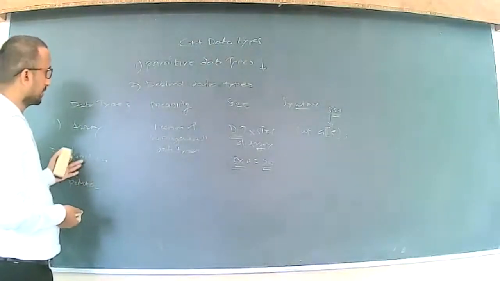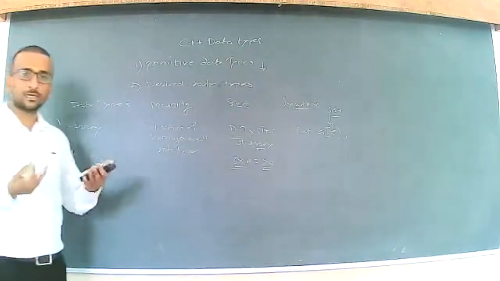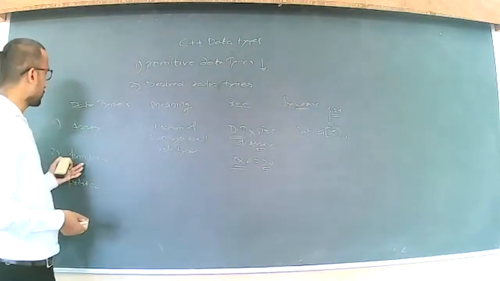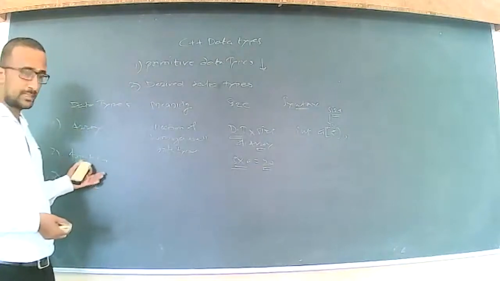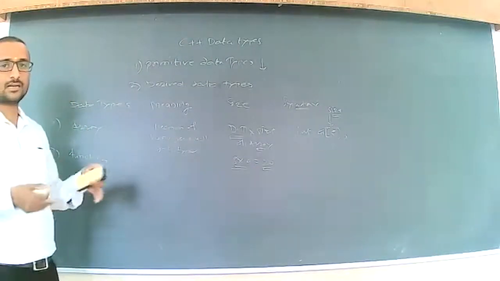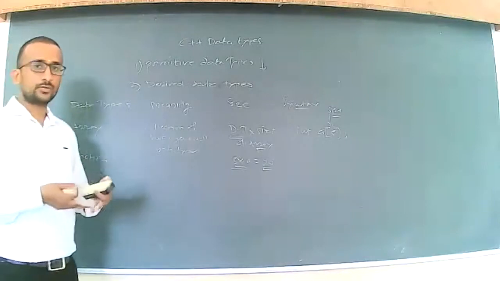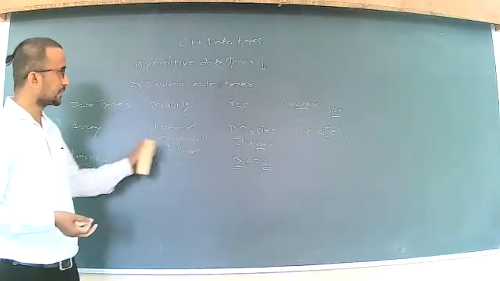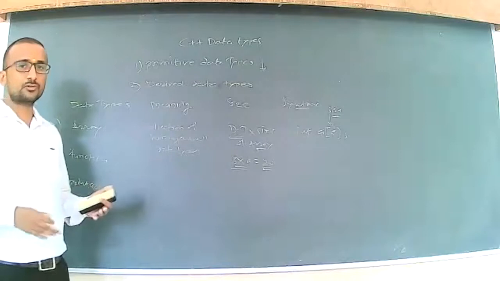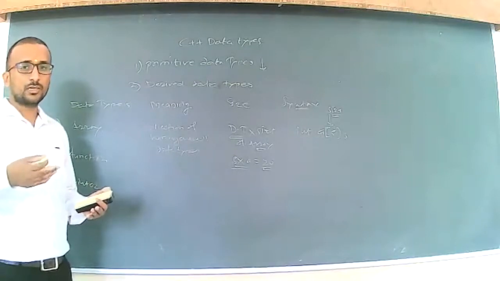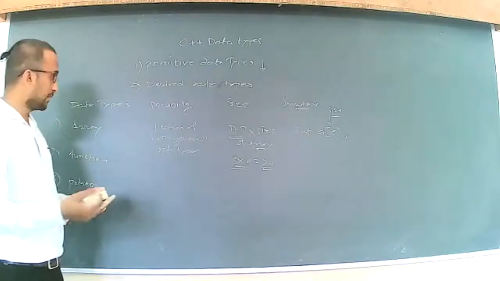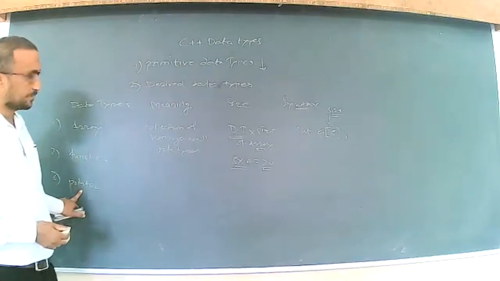Then next there is the function. Again, a function is also a set of instructions, right? A sequence of instructions that we are going to use in the function. Again, the size will depend on how much data you are going to execute in that function. Pointers are also there. A pointer is nothing but whenever you are going to reference or display the memory address of different variables, at that time you can use the pointer.